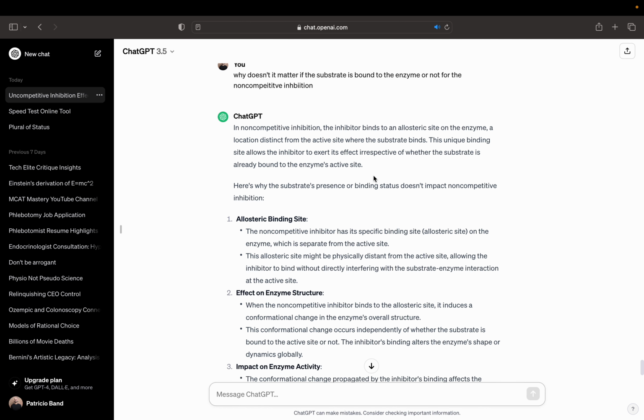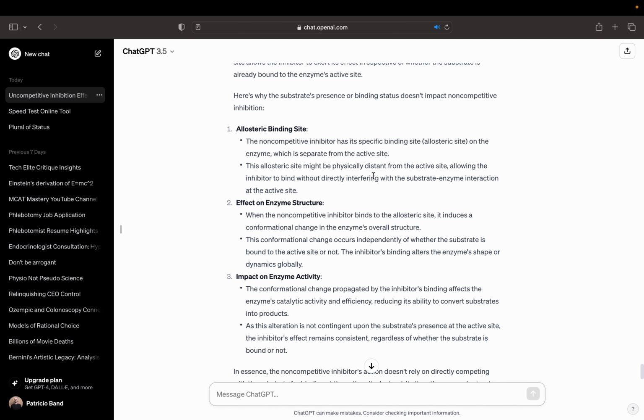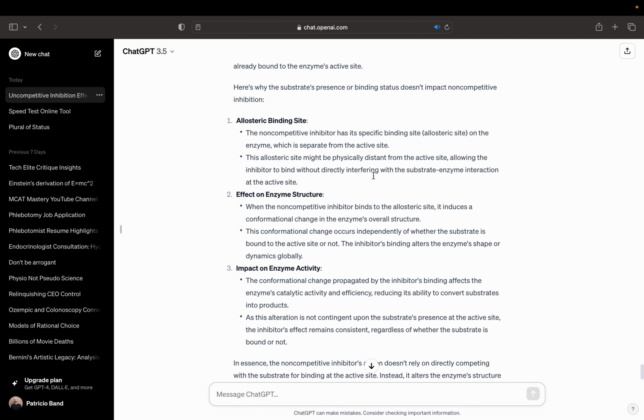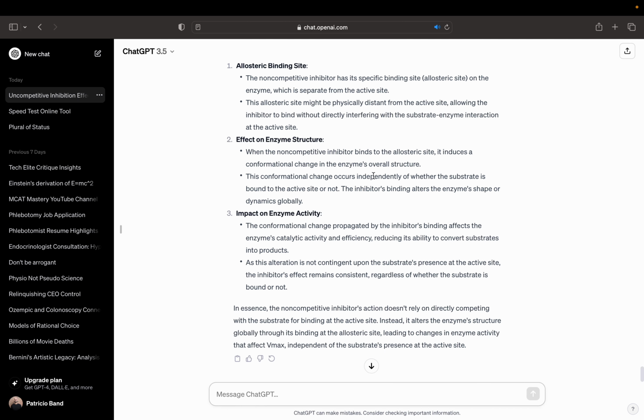So because it's on the allosteric site, it has a specific binding site on the enzyme which is separate from the active site. This allosteric site might be physically distant from the active site, allowing the inhibitor to bind without directly interfering with the ES complex interaction at the active site.